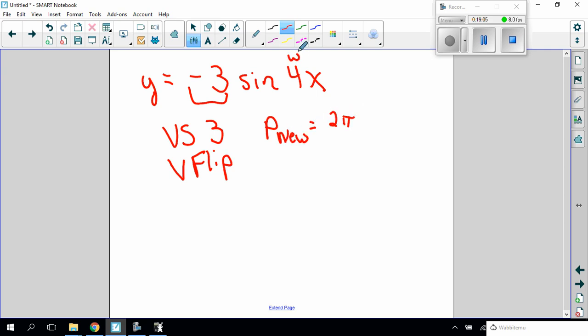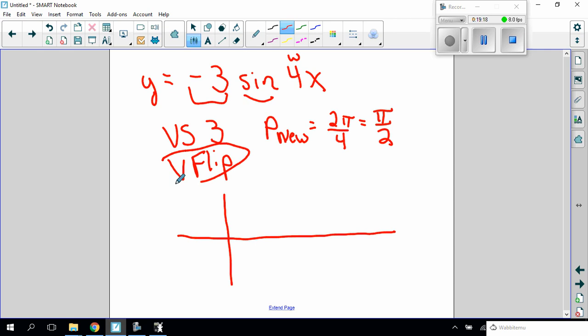The number in front of the x is called omega. So, before you do this, you have to say to yourself, I need to graph sine flipped. 1, 2, 3, 4. Graph sine flipped.